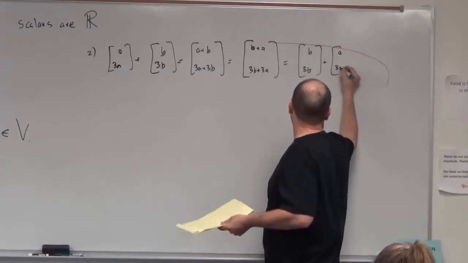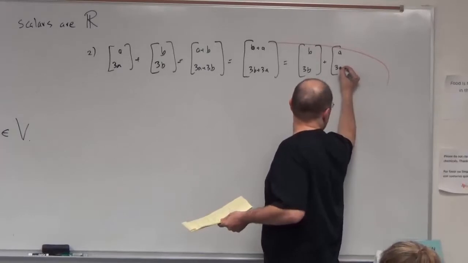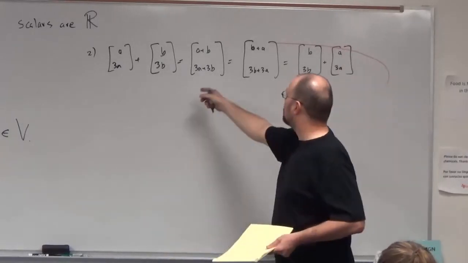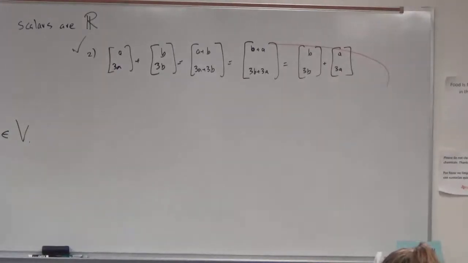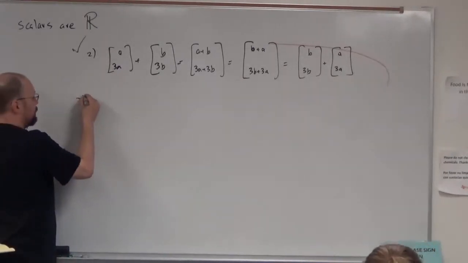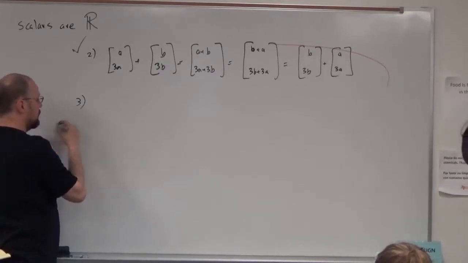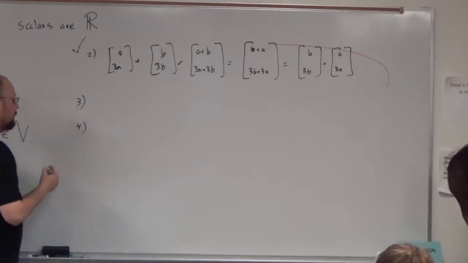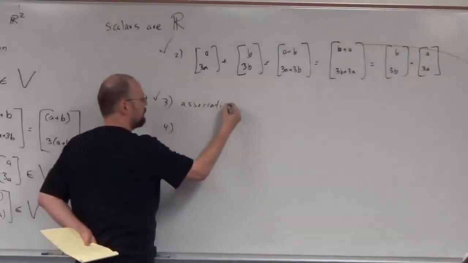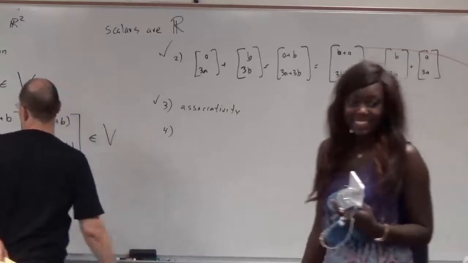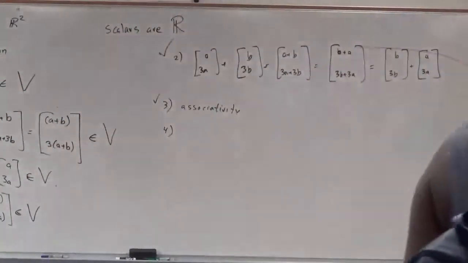Does there exist a 0 vector here? So commutativity works. Associativity will work, and again, I'm not going to go through this. Does there exist a 0 vector? Sure, it's just the origin, 0, 0.